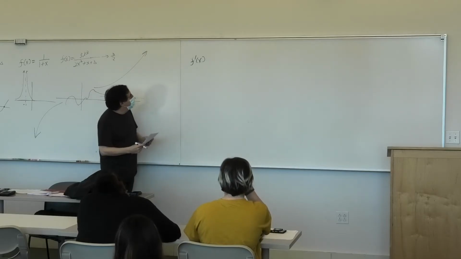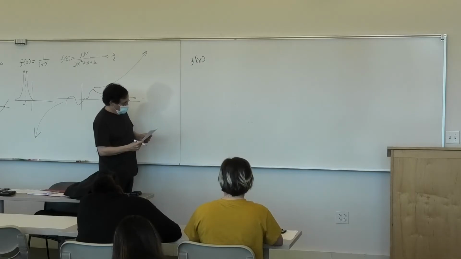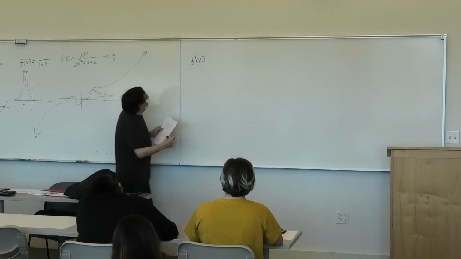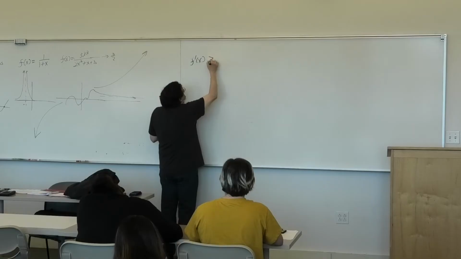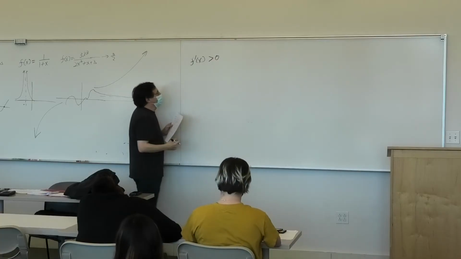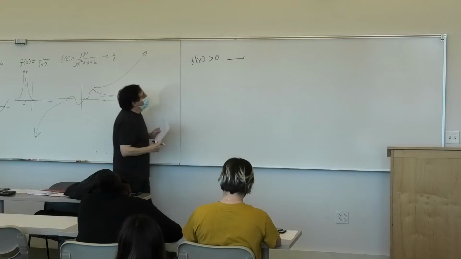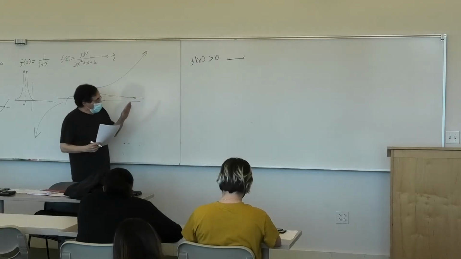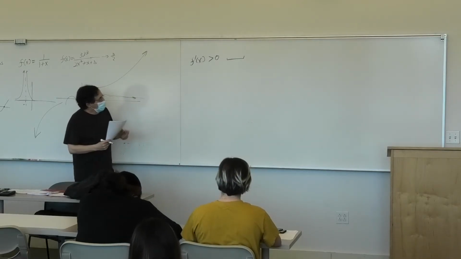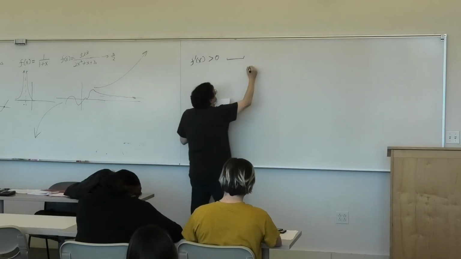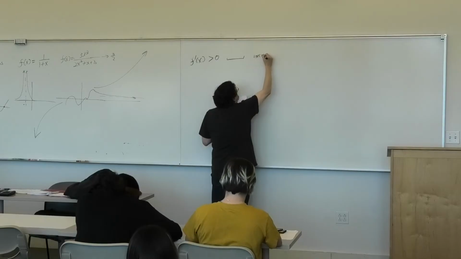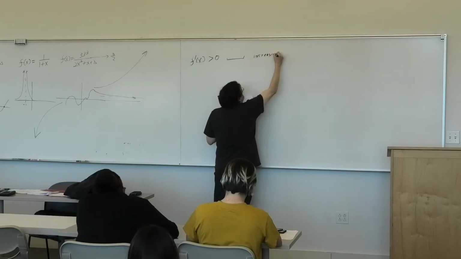And if the derivative is greater than 0 on some interval, what does that tell us? It's a positive slope on that interval. That tells us the function is increasing in that interval.